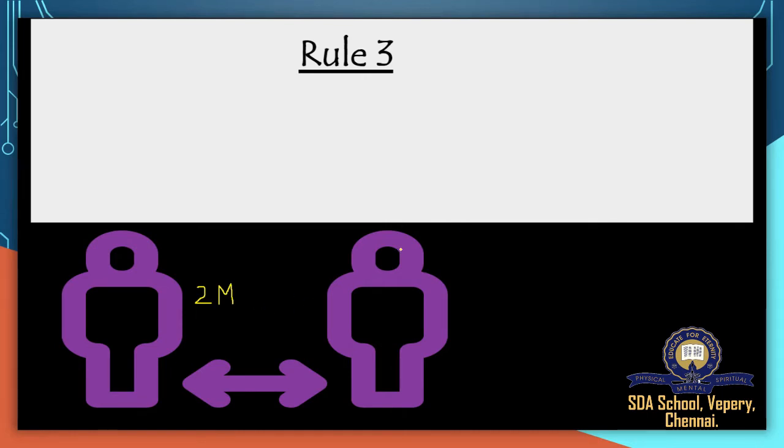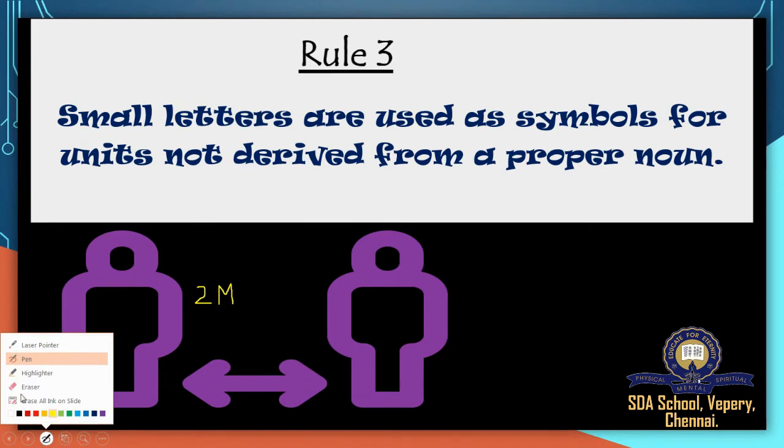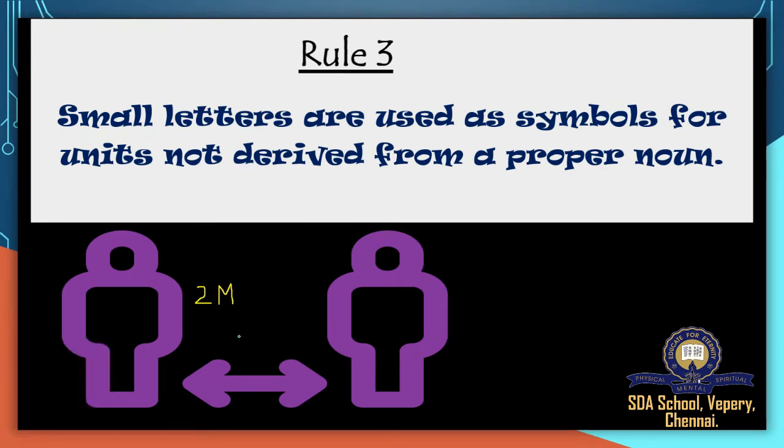Let's check. Rule 3 says that small letters are used as symbols for units not derived from a proper noun. I have written it with a capital M, right? So it is wrong. Let us correct it. We need to write it as small m.